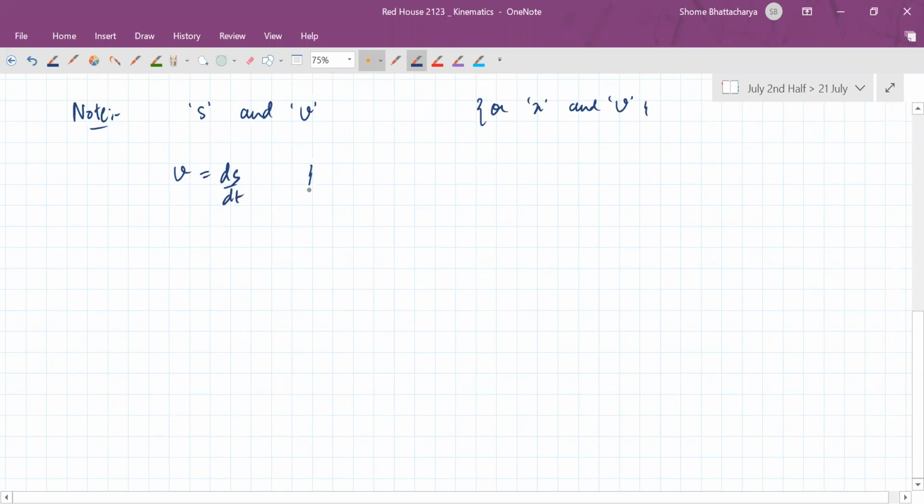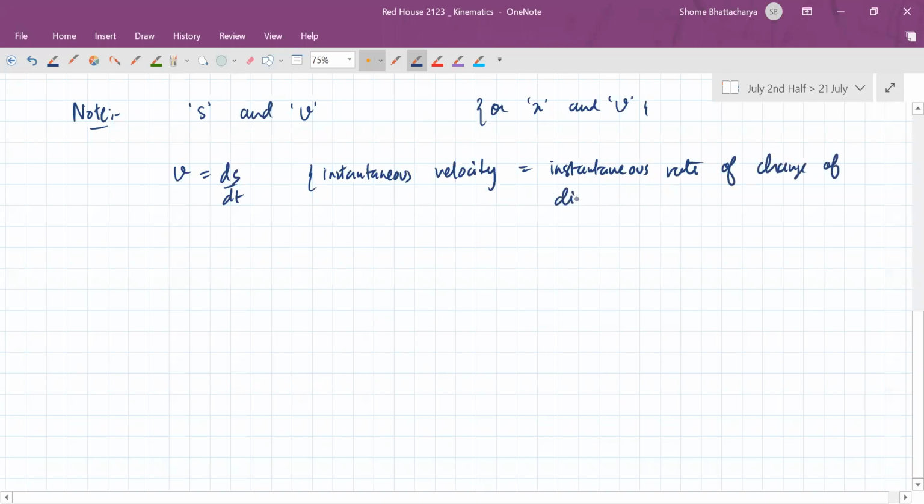So instantaneous velocity equals the instantaneous rate of change of displacement or position, they are one and the same thing, with respect to time. So that is the definition.